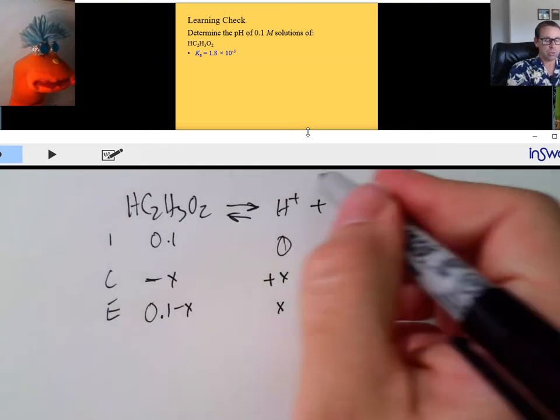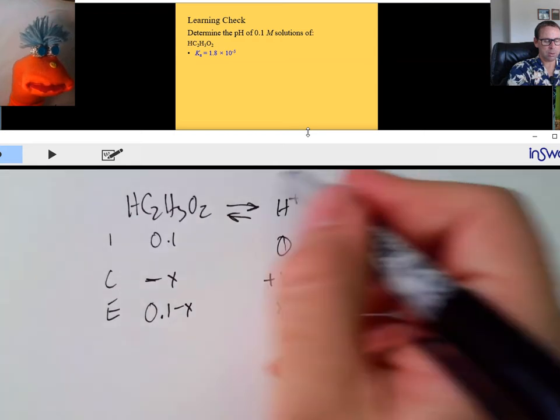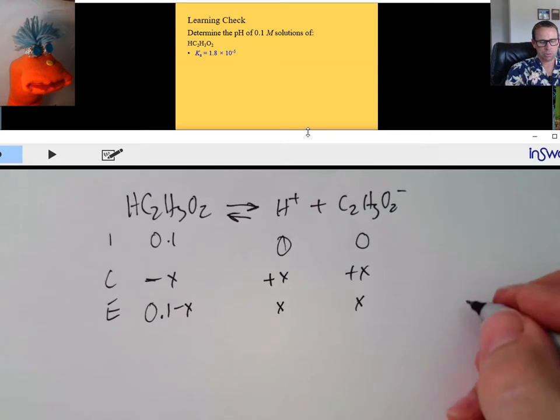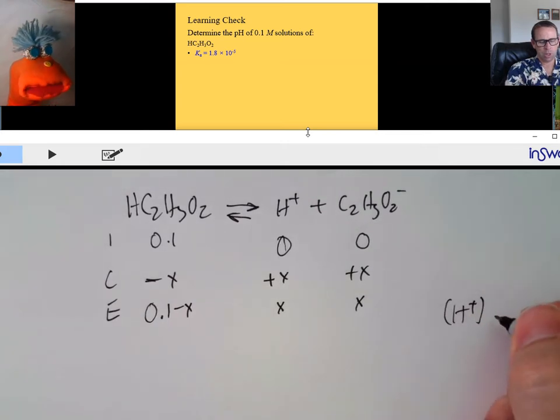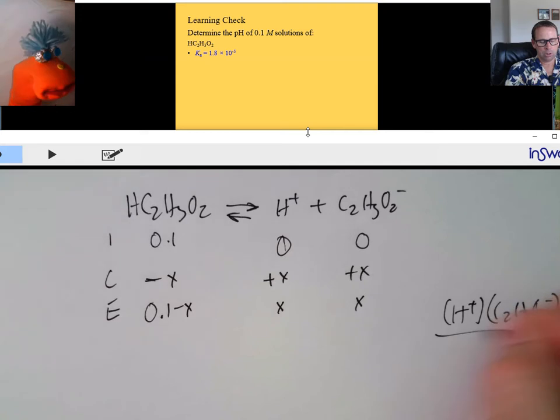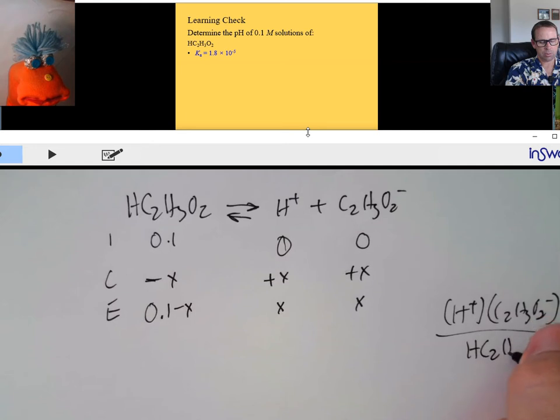Now, can you help me write the equilibrium expression for that equation? Yeah, so products, which are H plus times C2H3O2 over the HC2H3O2, the acetic acid. Very good. Concentration of acetic acid.